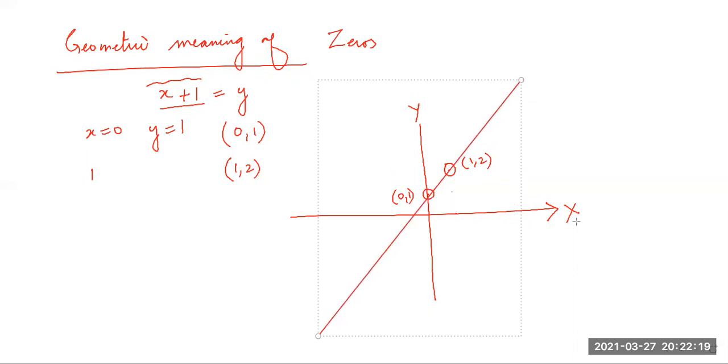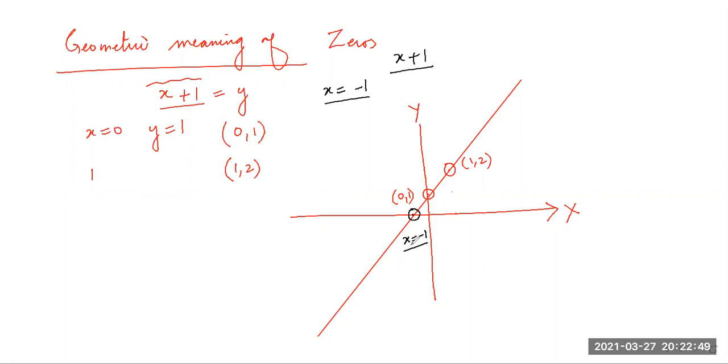polynomial. Now, the interesting thing is, students, just see where this graph is cutting the x-axis. It's very interesting. Students, we know for the polynomial x plus 1, the zero is x is equal to minus 1. See, it cuts the x-axis exactly at x is equal to minus 1.